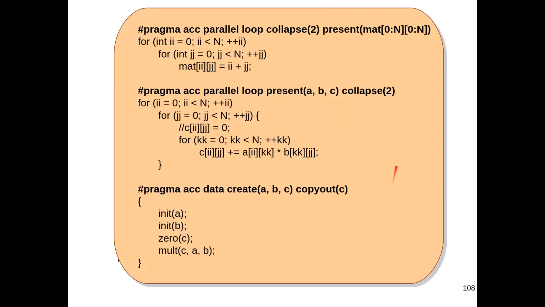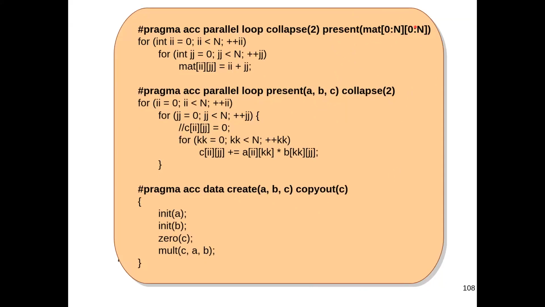In giving the present clause, again, we have to be a little more careful. You can either specify it like this. If n is a hash defined, most probably this will work out. There won't be any issues. But in case n is not a hash defined constant, you might have to specify this as part of the present clause.